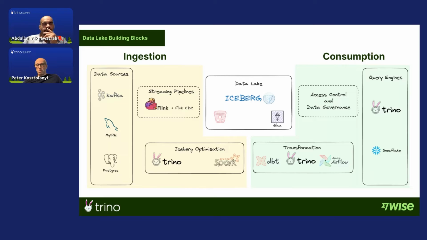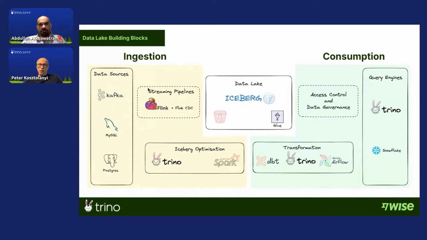We're talking about roughly 300 each. To move the data in a streaming fashion from these sources to the lake, we created a framework on top of Flink and Flink CDC. This is the core engine behind our streaming pipelines.